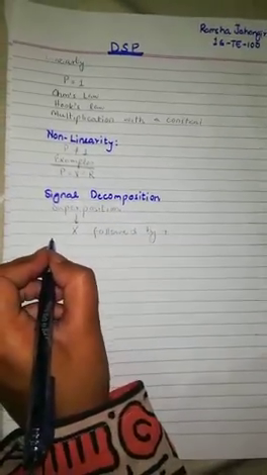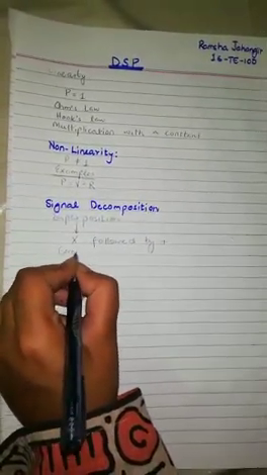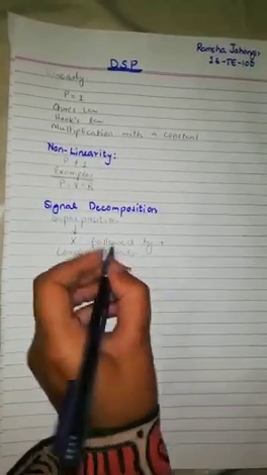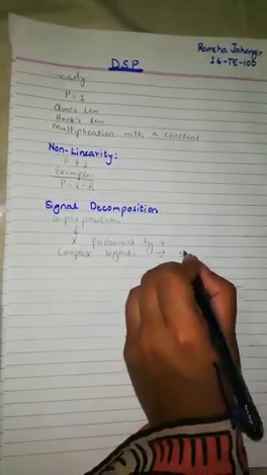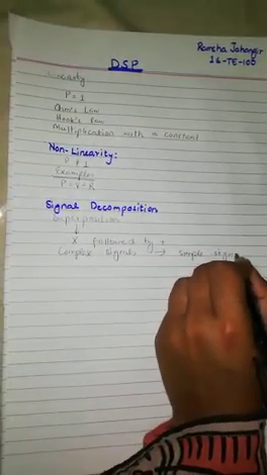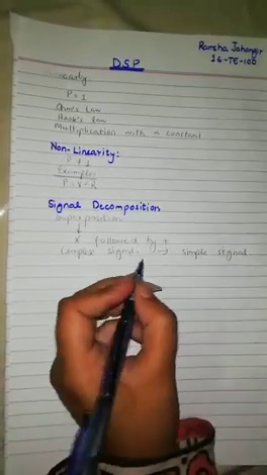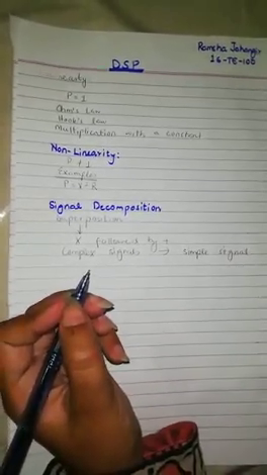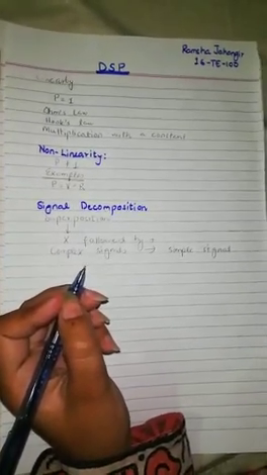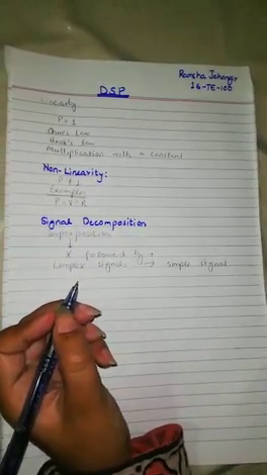And use superposition theorem to decompose complex signals into simple signals for easy analysis. This is called signal decomposition. We decompose complex signals into simple signals for the easy analysis, and this process is called signal decomposition.